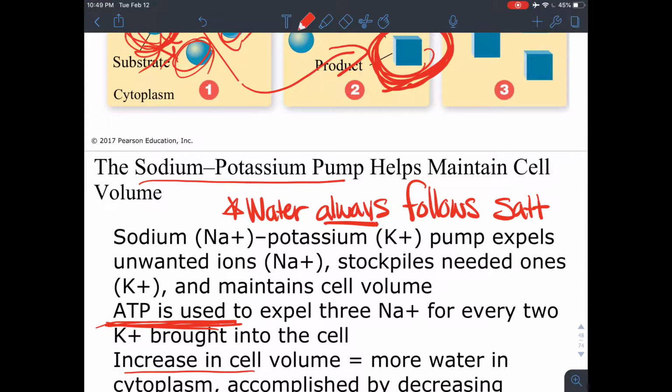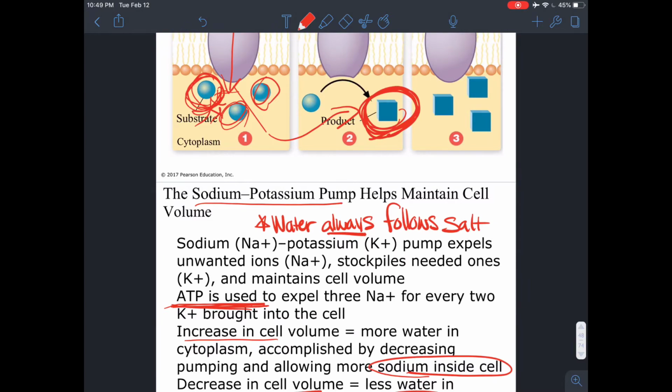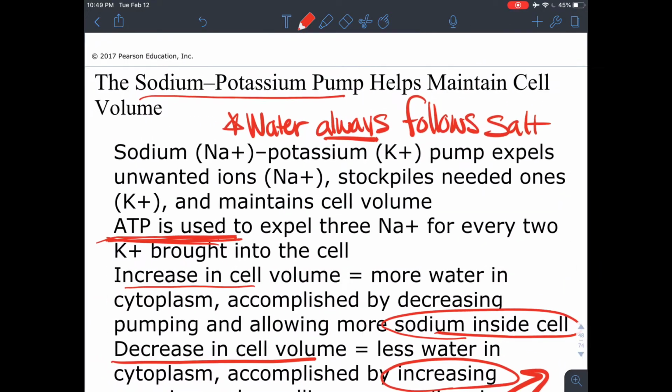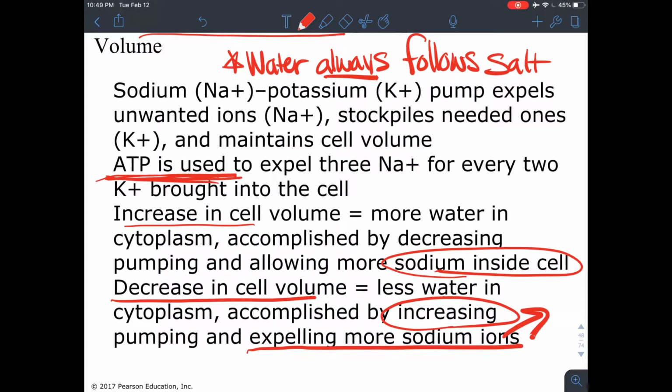Water always follows salt. If you remember that, it's a little mnemonic for remembering what's happening here and why. So if we want to increase the cell volume, we need to put more water in that cell, so we're going to move sodium into the cell.